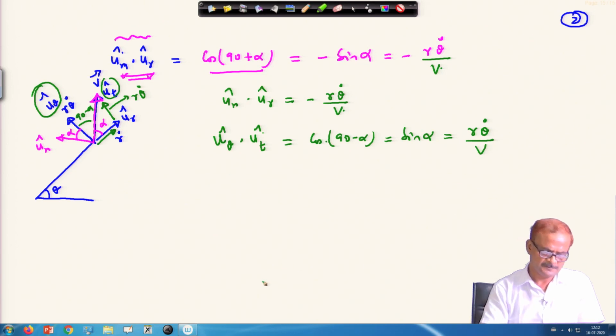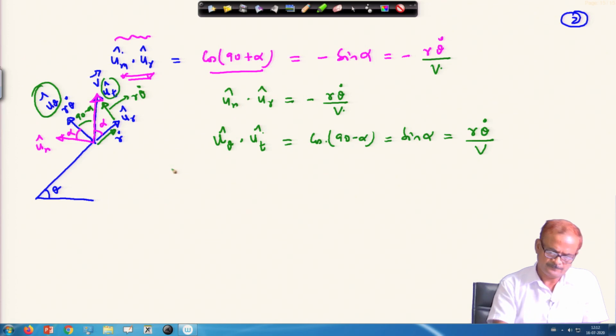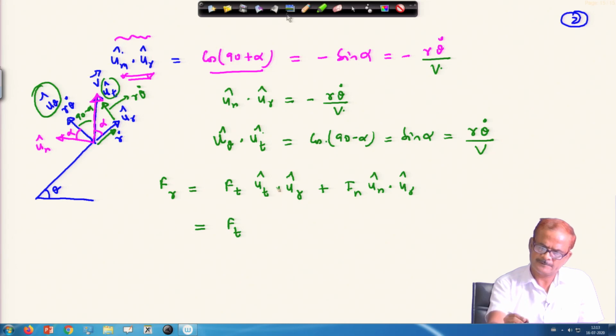So, we have got all these terms here, and therefore f r can be written as f t u t cap dot u r cap plus f n, from our previous derivation.